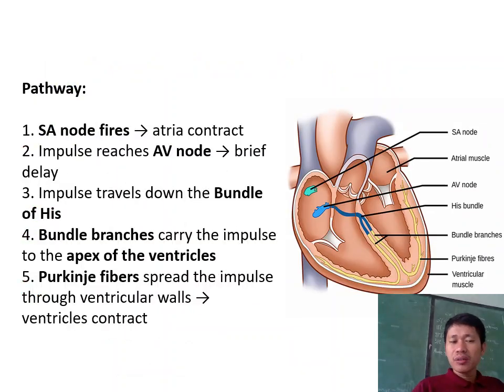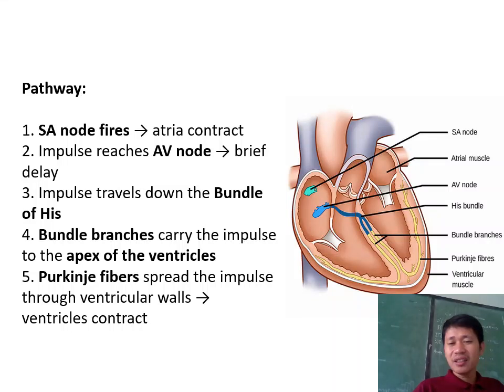This slide will explain how the heart is able to contract and relax, or beat, without needing a neurotransmitter coming from the brain. It all starts with the SA node, which will fire the impulse so that the atria will contract.